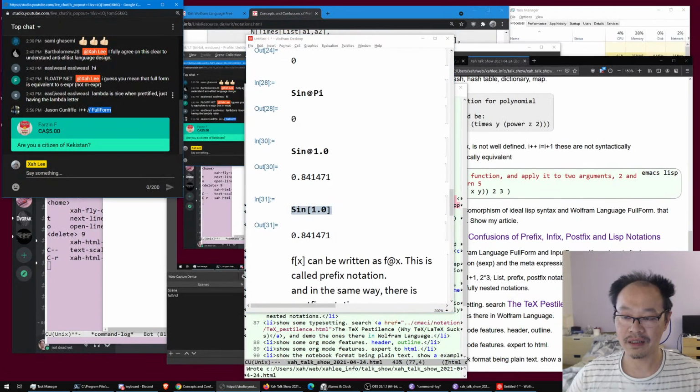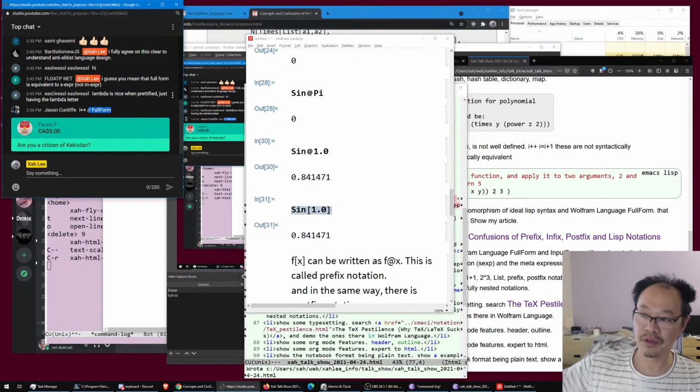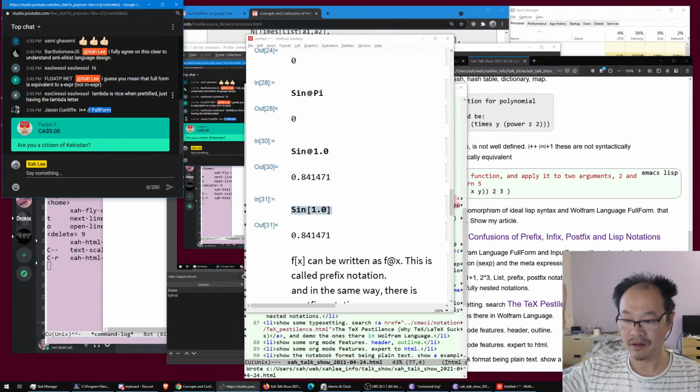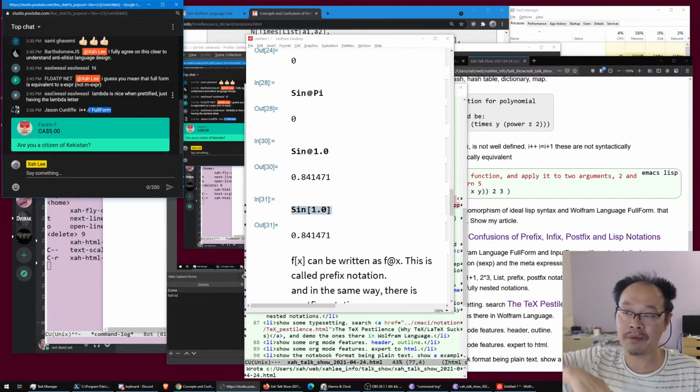Let me emphasize, this is systematic. There are no exceptions. The rules are very simple, just these 4 rules, and you can create combinatorial variations of an expression. It's exponential.